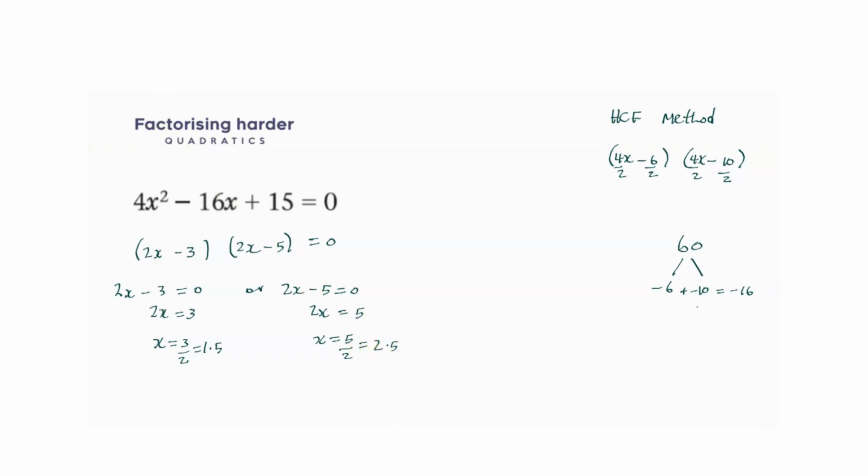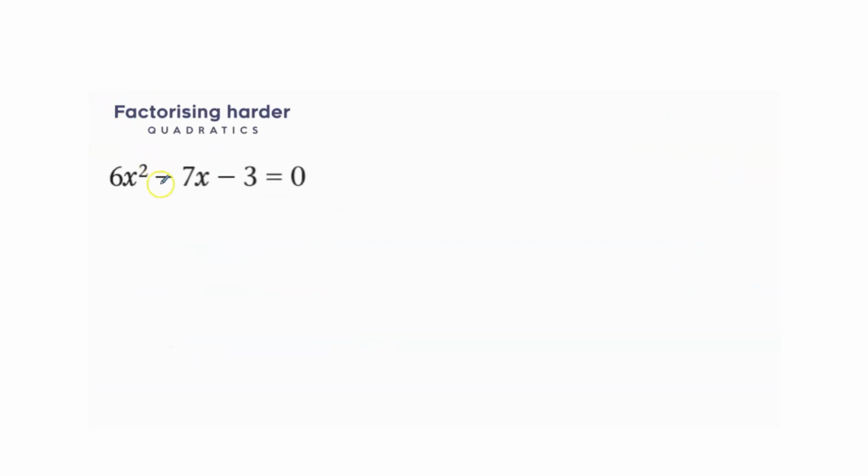Let us look at another example. Here we have 6x squared minus 7x minus 3 equals 0. We're going to use the same approach, which is the HCF method. Here we do the rough working out. I'm going to put 6x here and 6x here.